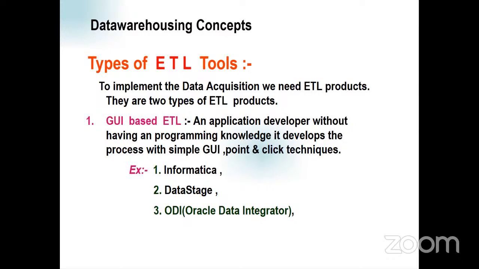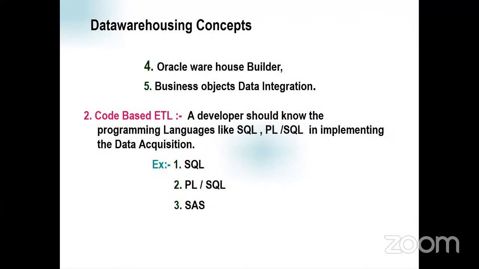For example, I need to extract the data from a file and load it into a table. So we'll connect to the sequential file stage, apply transformation rules, and load the data into a table. Code-based tools are SQL, PL/SQL. We have to write a program.